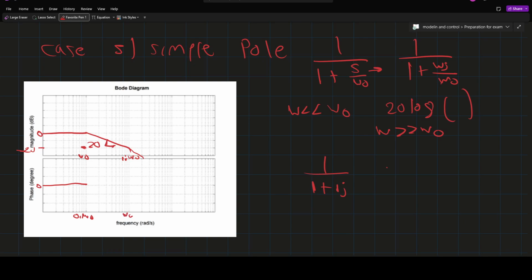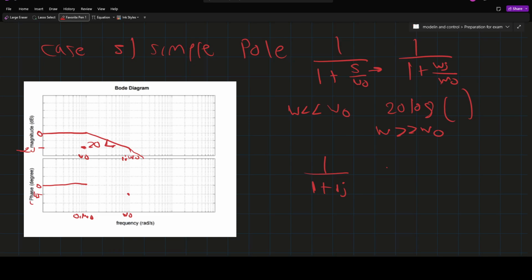So until omega is equal to omega naught, we are just going to have 45 degrees. Just going to make it here so it fits. When omega is a lot bigger, then all that is going to matter is omega.